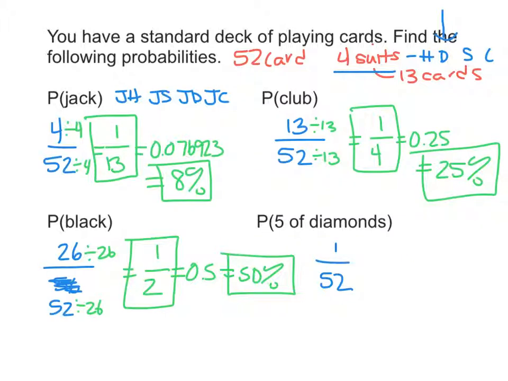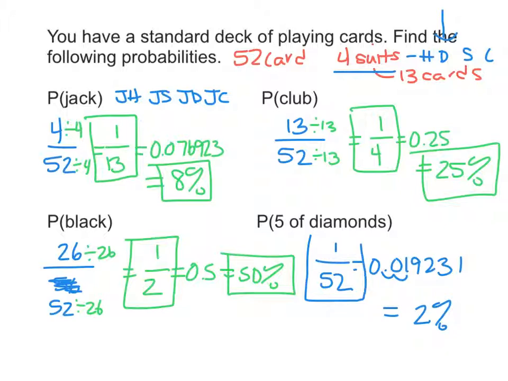So if we do 1 divided by 52, you get 0.019231, which is the same if I move the decimal 2 places as about 2%. So the probability of getting a 5 of diamonds is 1 out of 52, or 2%. So those are some examples of simple probability with basic playing cards.